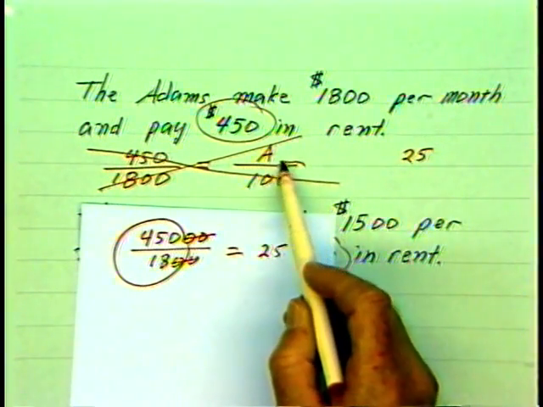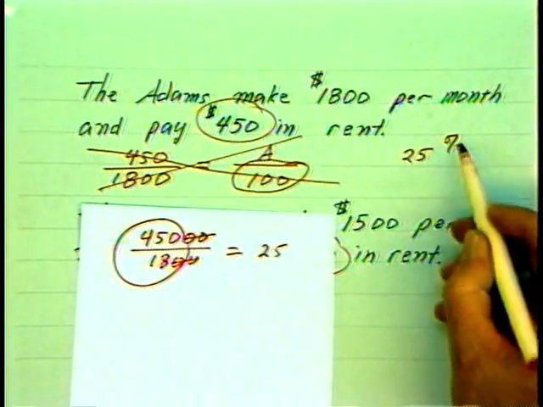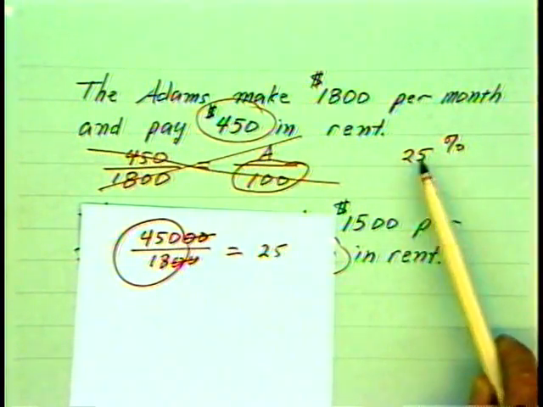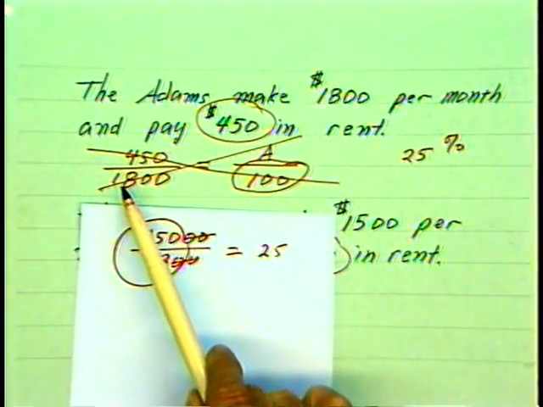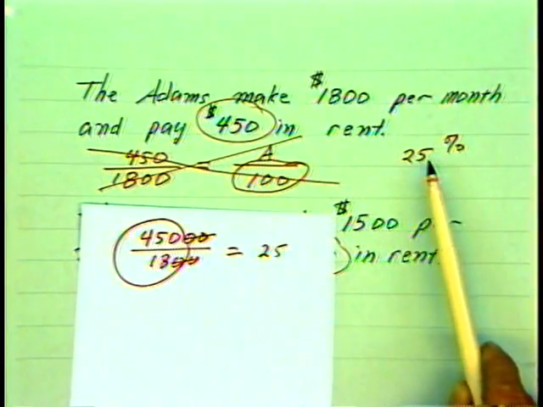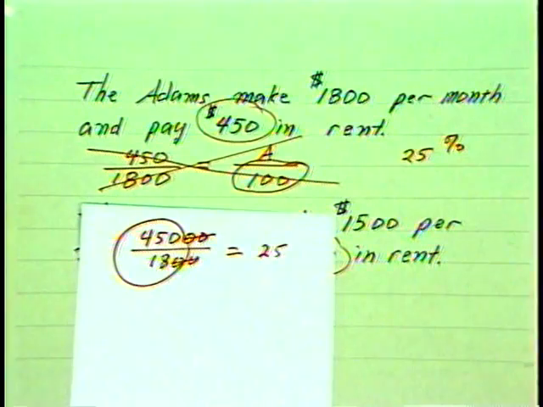But in this chapter, we're agreeing that rather than writing it that way, we're going to write it this way. So to say that Adams pays 25% of their salary in rent is the same thing as saying that they pay $25 per every $100 that they make.